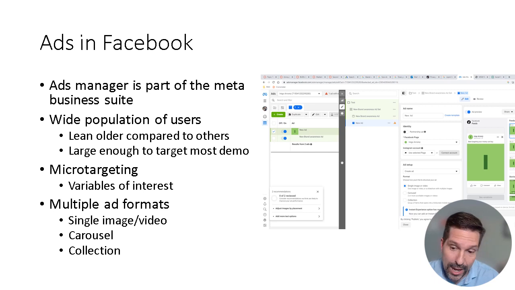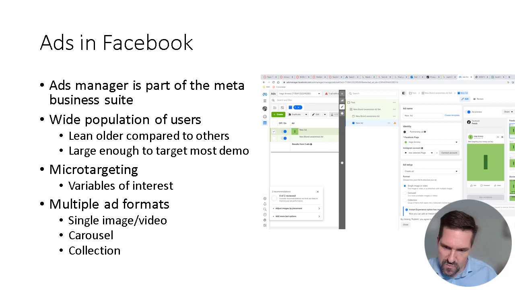Now, like all social media platforms, they lean younger than the average population, but within the platforms, Facebook is on the older side, right? So if you're trying to reach people that are, for example, Gen Xers, Facebook is a great place to do that, even though you can also reach Gen Zs, right?